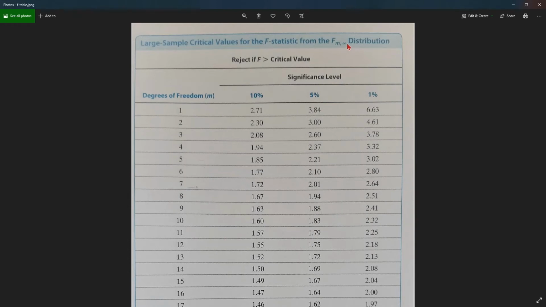This is really not what we are looking for in our case, because we only have 48 observations, but if you are doing empirical analysis, then you would use more data. So we use this table, and we have 5% significance level, and we have 1 degree of freedom, so the critical value is 3.84.